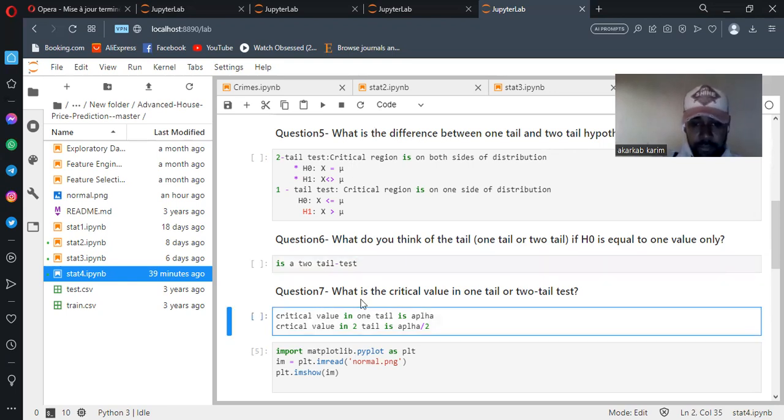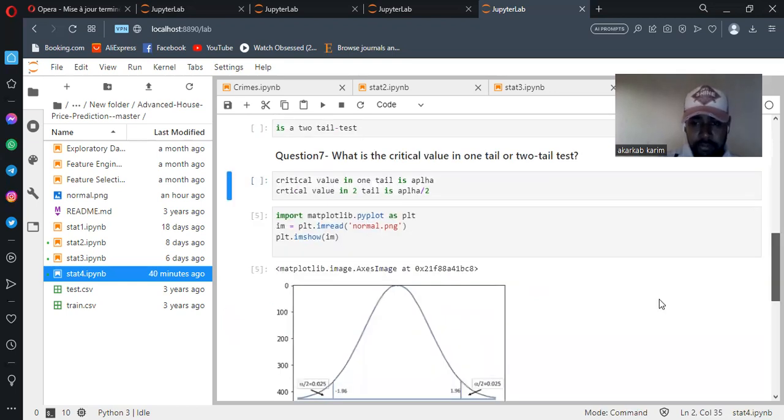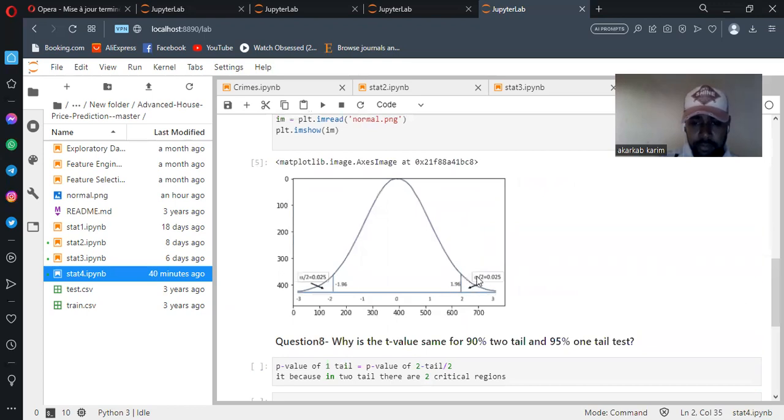Seventh question: what is the critical value in one tail or two tail test? Critical value in one tail is alpha. Because if we have just one tail test, we care about the left or right side. Here the alpha will be just the value of alpha, either here or here.